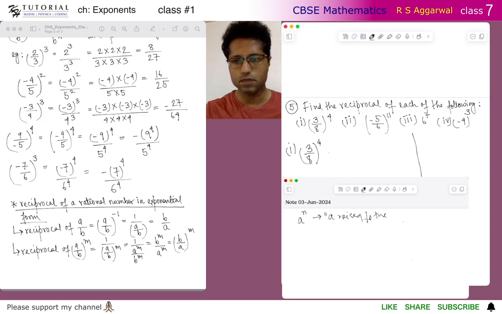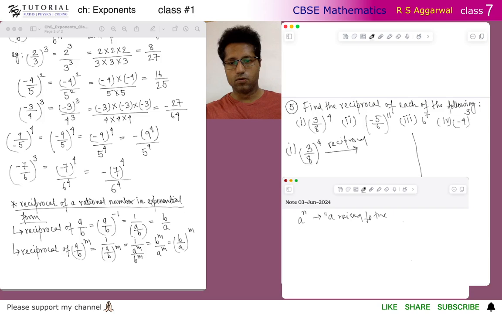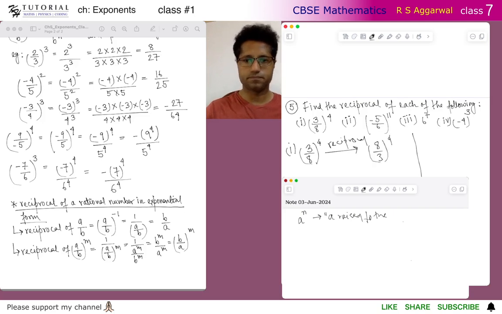So 3 by 8 raised to the power 4, its reciprocal will be nothing but you just take the reciprocal of the rational number and keep the power the same. So this will be 8 by 3 raised to the power 4.